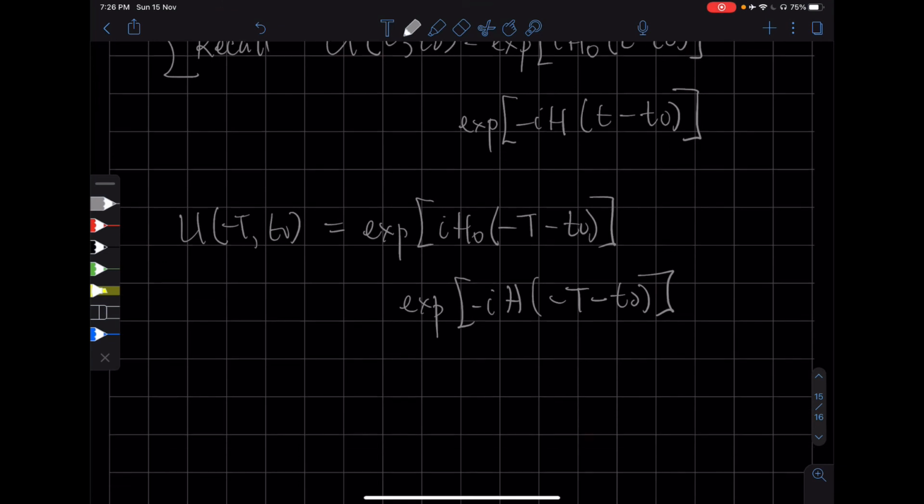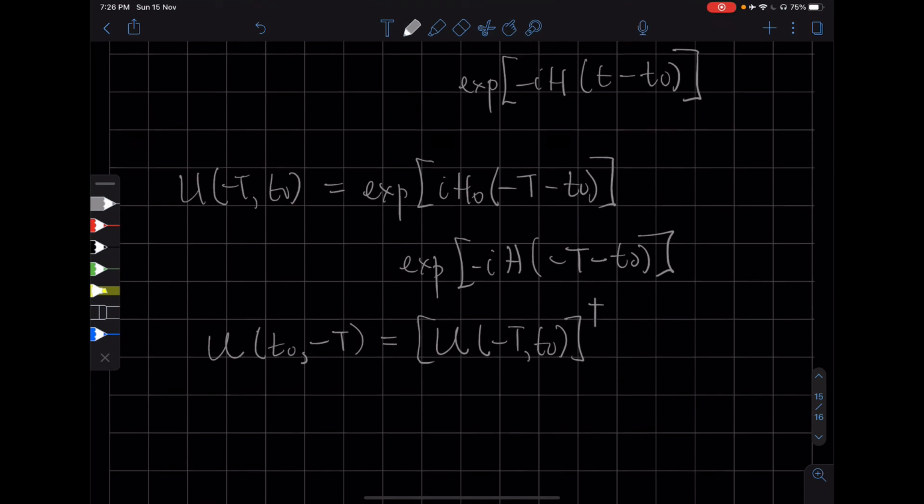Now we know that if I change the ordering of the times in the argument of the time evolution operator, that is equal to taking its inverse or the Hermitian conjugate. So I can just switch the arguments of the time evolution operator, and that means that I'm taking the original time evolution operator and taking its Hermitian conjugate.